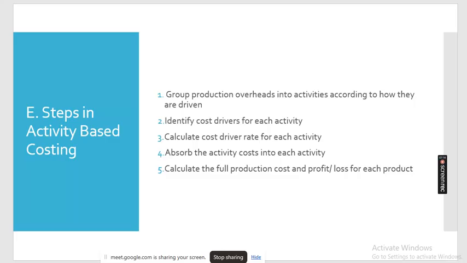Then step number 4, you absorb activity cost in each product. So the cost driver rate you calculated in step number 3 should now be used to calculate the actual cost. That's what we mean by absorption. Then finally, you calculate the full product cost and profit and loss for each product. Full product cost is made up of 3 things: material, labor, and overheads.